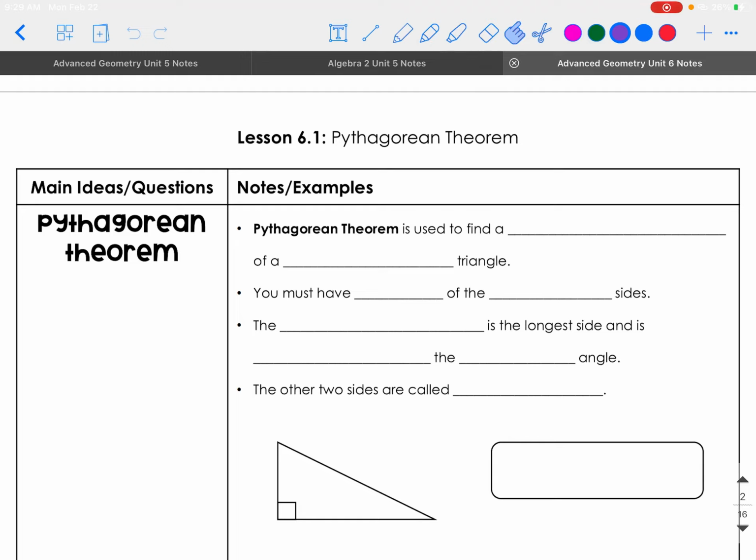So the Pythagorean theorem is used to find a missing side of a right triangle. Now, in order to do this, we must know 2 of the 3 sides.